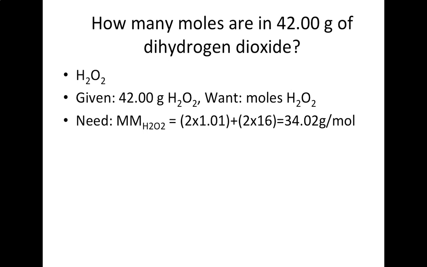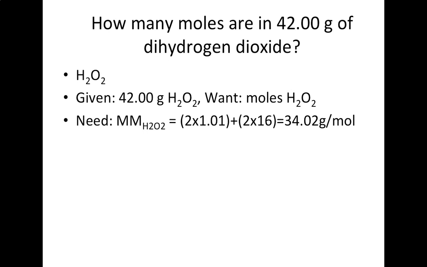So hydrogen, there's 2 of them, and each of them weighs 1.01 grams per mole. That's what my periodic table tells me. And I also have 2 oxygens, so I'm going to add 2 times the mass of oxygen from the periodic table.